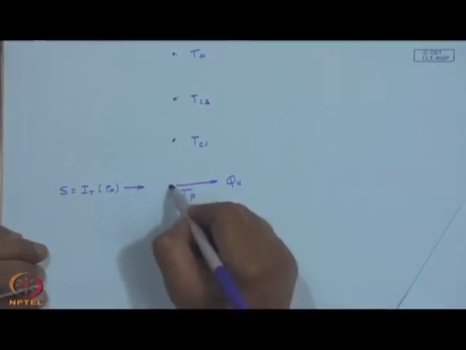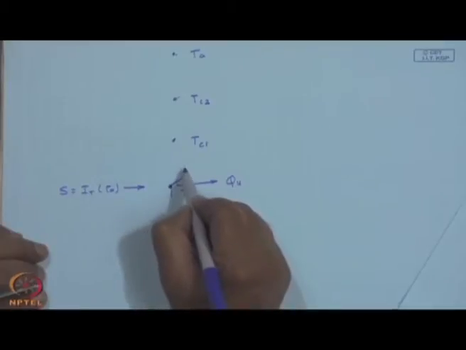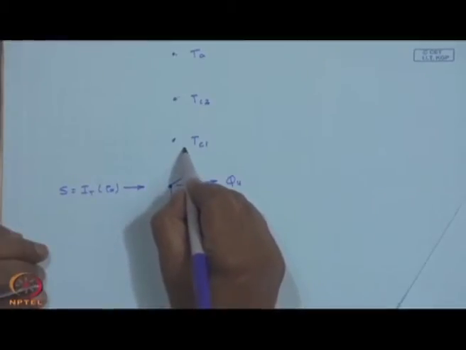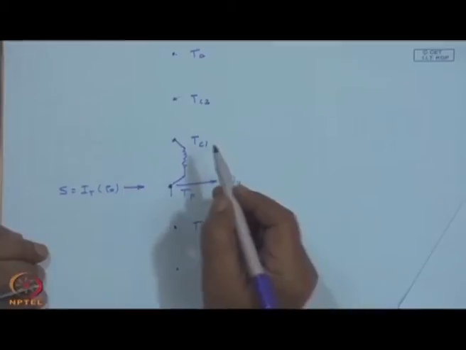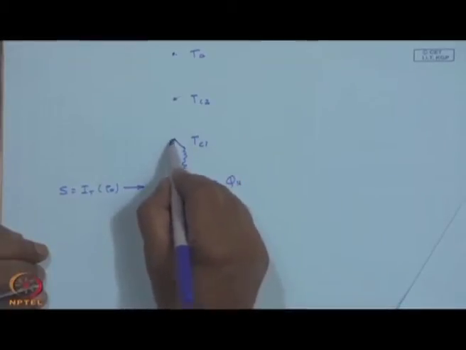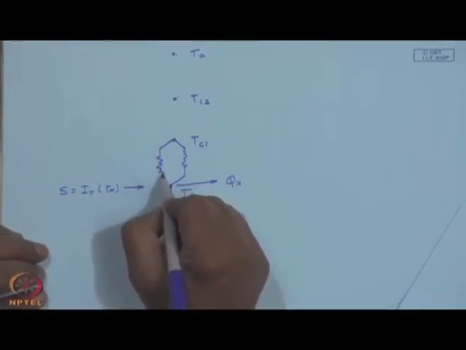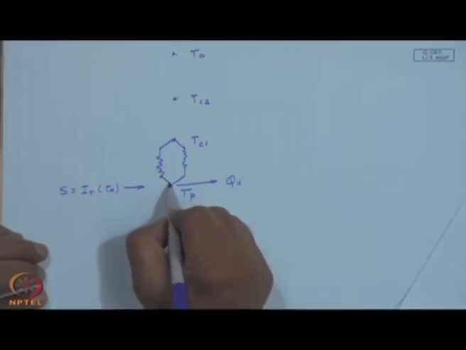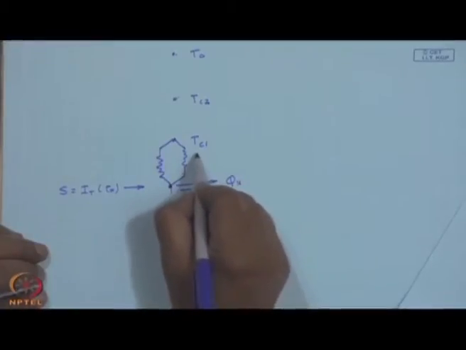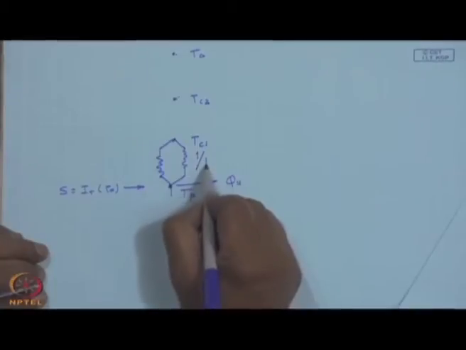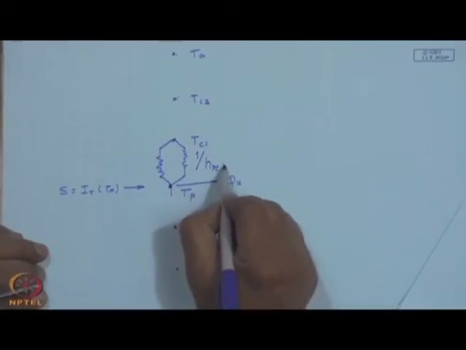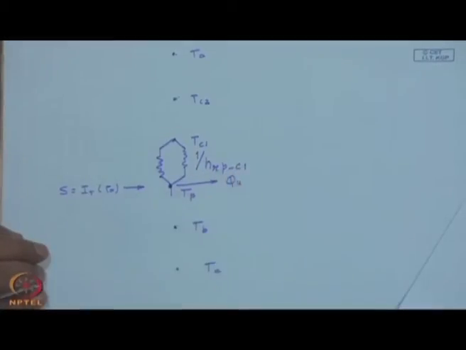So, now we have two paths, a convection path and a radiation path. So, this will have a resistance of 1 by H r P to C 1.